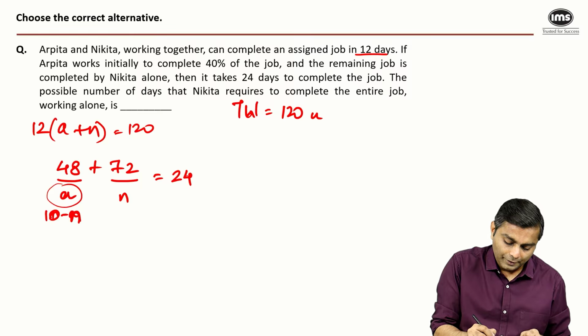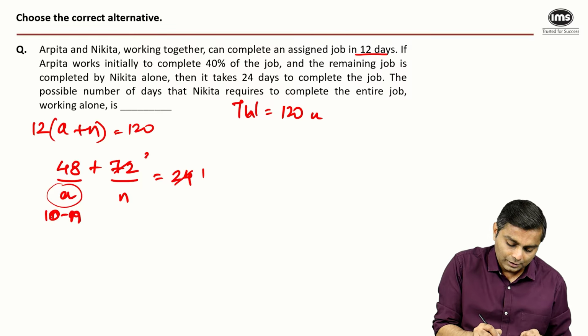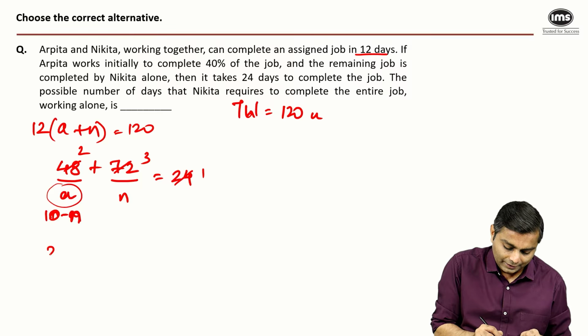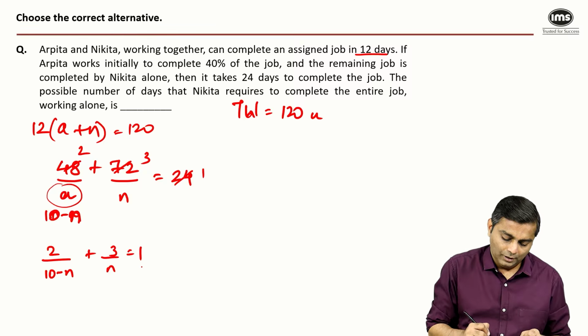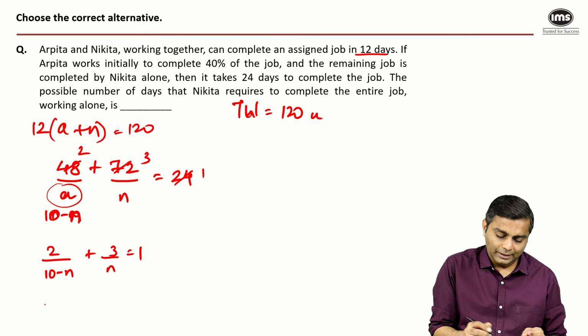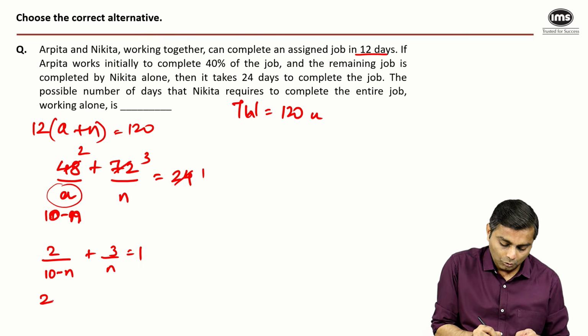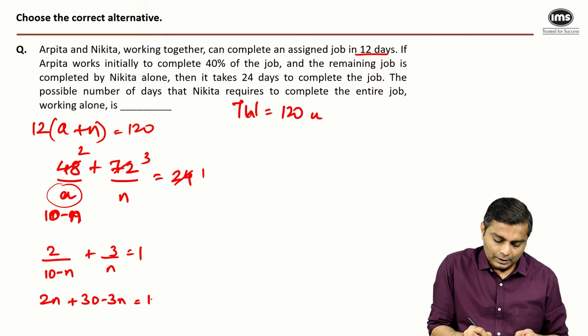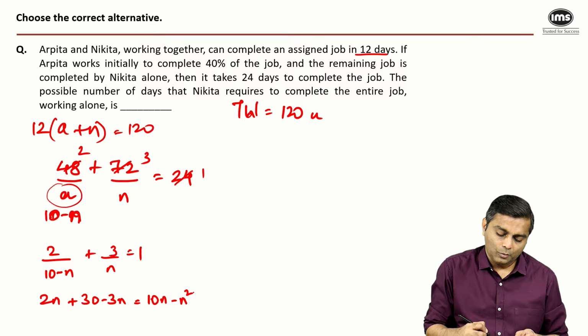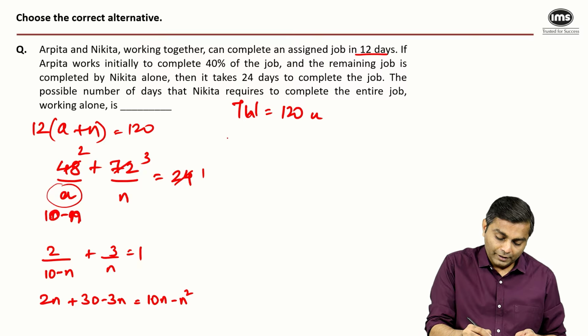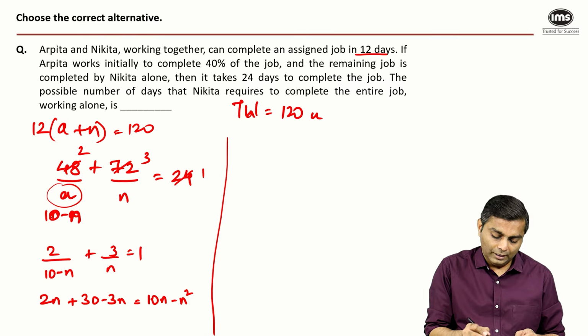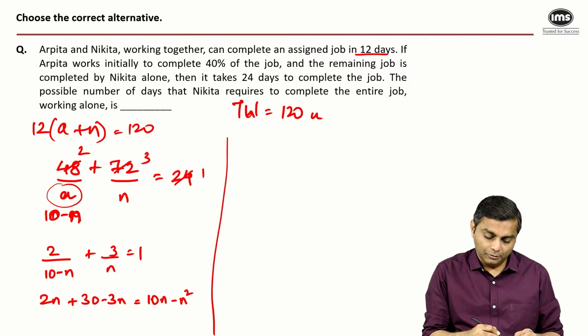Now, let's cancel with 24 first. So, this is 1, this is 3 and this is 2. If I just rewrite this, this is 2 upon 10 minus N plus 3 upon N is equal to 1. Let's quickly take LCM and cross multiply. So, 2N plus 30 minus 3N is equal to 10N minus N squared. If I now create a quadratic, bringing everything on the left hand side, N square becomes positive.